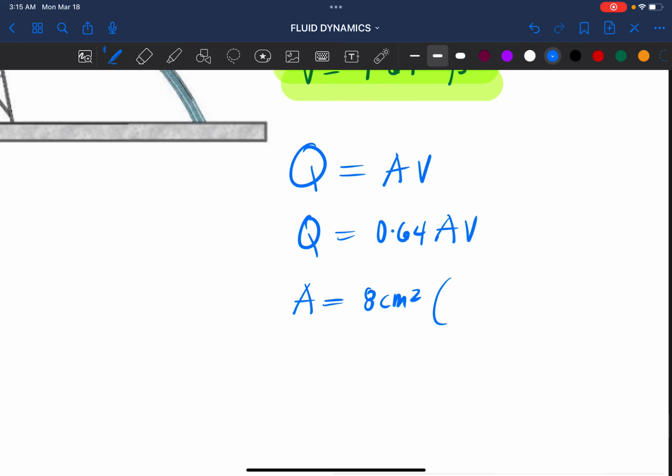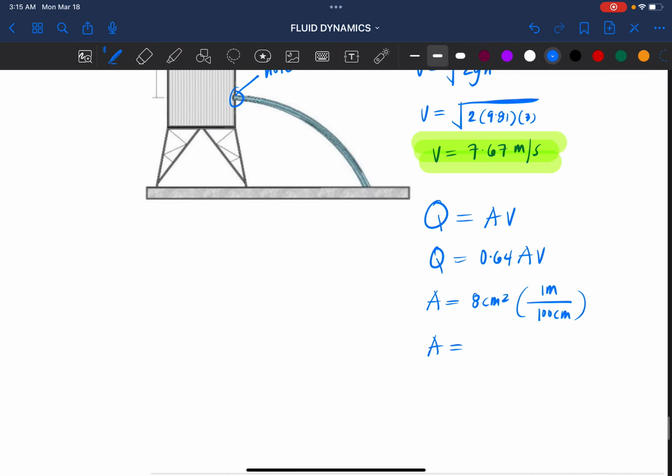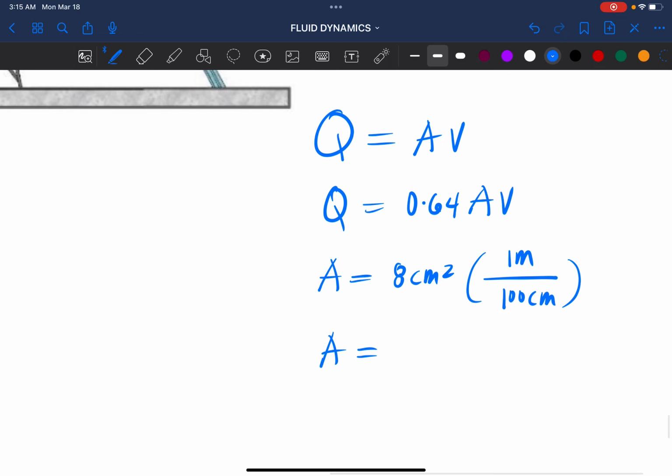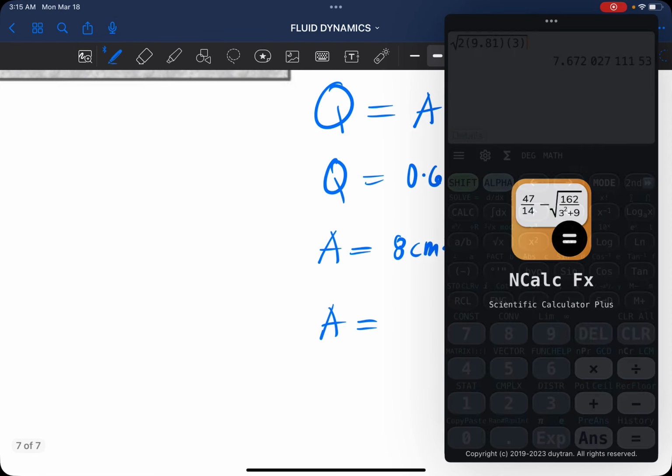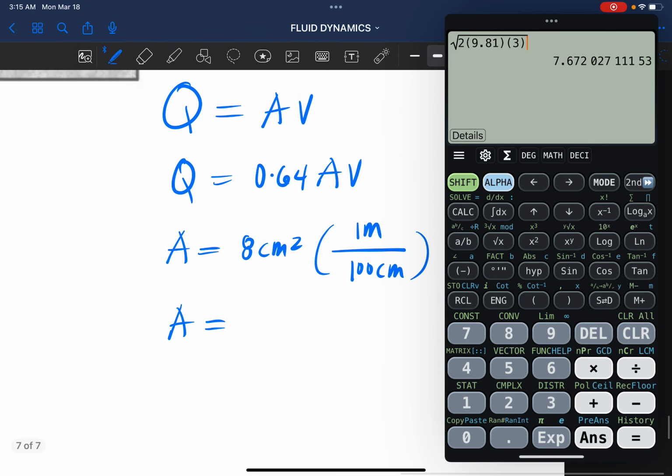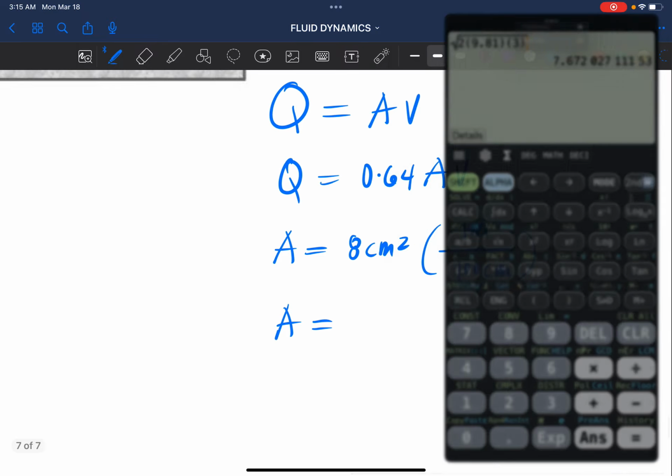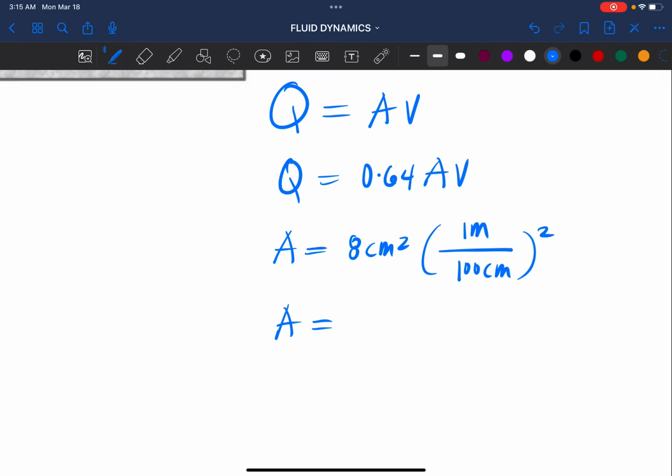Convert natin sa meter. 100 centimeter is equal to 1 meter. So, area is equal to, convert natin, pero dapat naka-square din to. Naka-square din to.